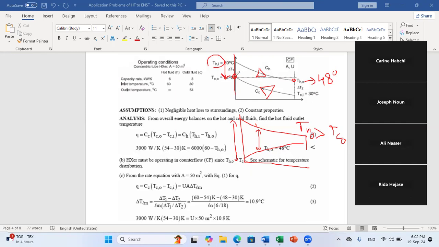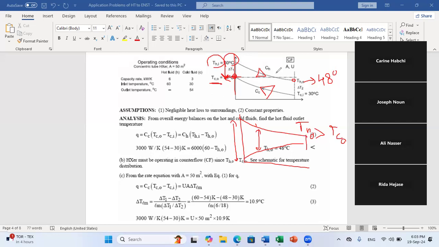While here, at the exit of the cold fluid, you have heat exchange with the inlet of the hot one. So there is no condition that the outlet temperature of the cold fluid should be smaller than T hot out. It's not necessary at all. It can be, but in this case, because it's larger, you are sure that you don't have a parallel configuration, you have a counter configuration. If it's smaller, you cannot judge. So you need extra information to be able to know if it's counter or parallel.